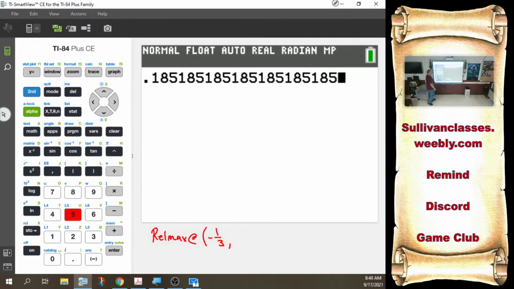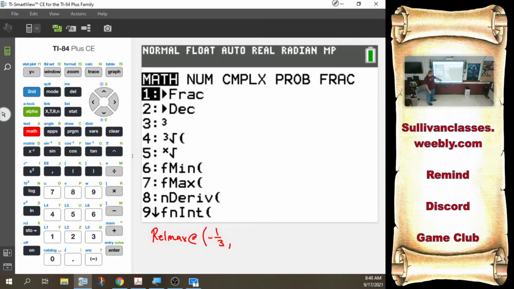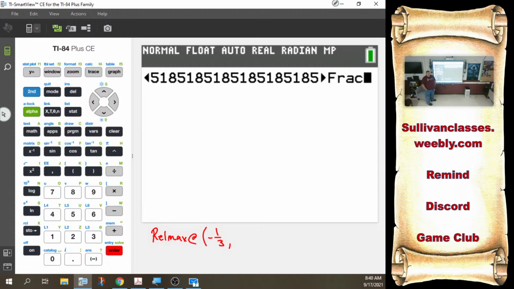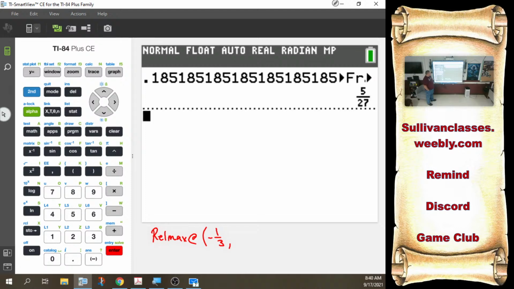Just spam it a whole bunch of times and then go math, change that to a fraction, please. Or you could put 185 over 999 and simplify it. 5/27. Okay, so if you recognize that this is a rational number, please write it as rational answers.